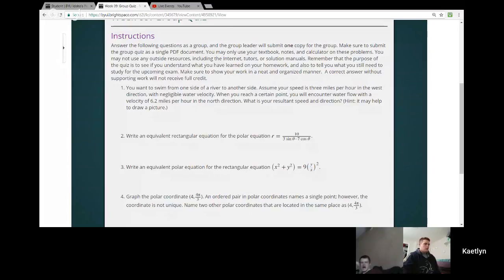So your speed is 3 miles per hour in the west direction with negligible water velocity. When you reach a certain point, you will encounter water flow with a velocity of 6.2 miles per hour in the north direction. What is the resultant speed and direction?